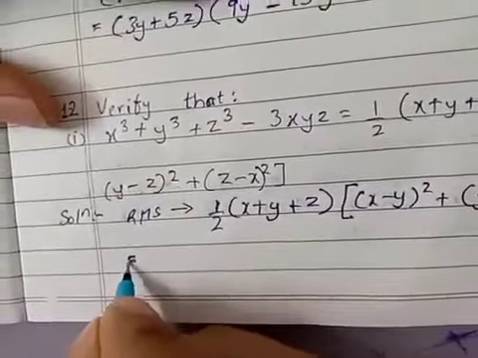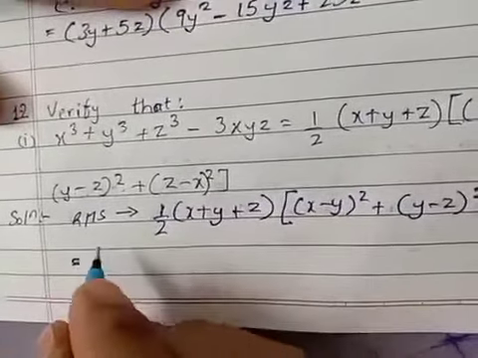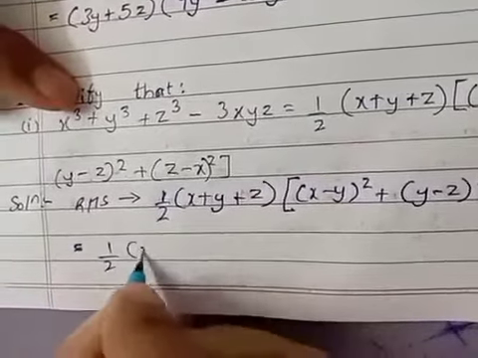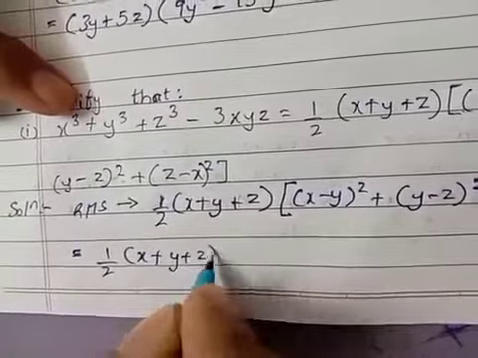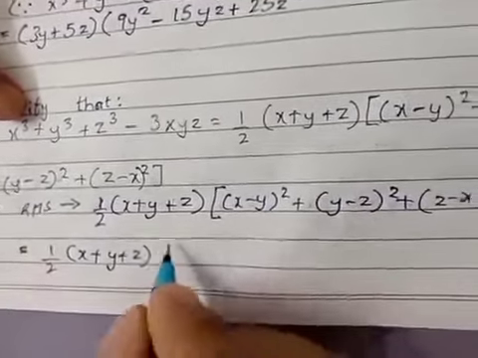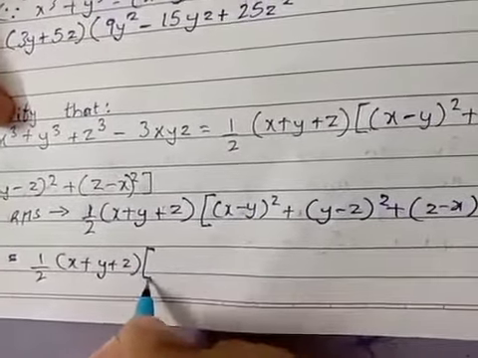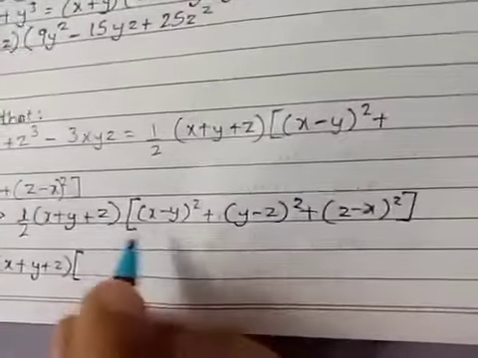Now we'll open the bracket. This will be half (x plus y plus z), this will remain as it is. Now let's open the bracket which is in the square bracket.